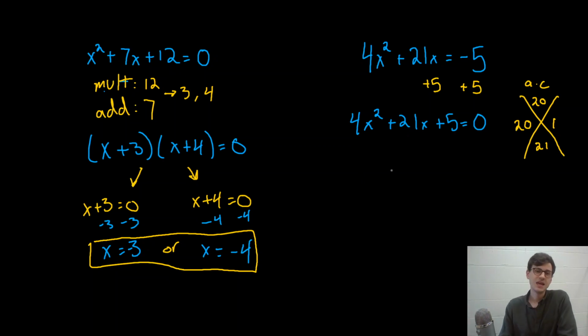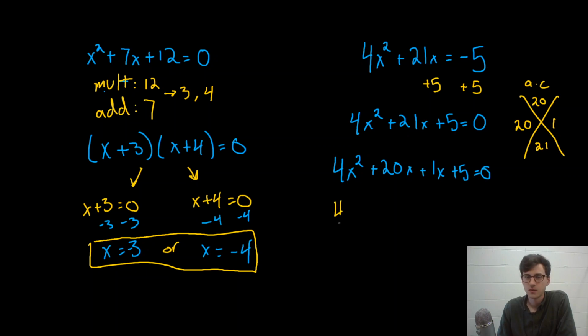Again, there are a lot of ways you could factor this. We'll stick with how we've been talking about it: split the middle into 20x and 1x. Factor out the greatest common factor, x, here times x plus 5. Here you can't really factor anything out, so that's like factoring out a 1.